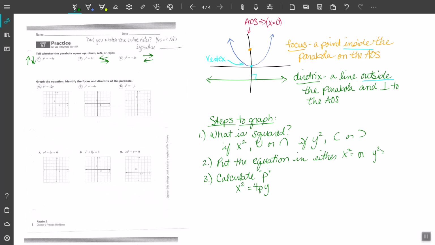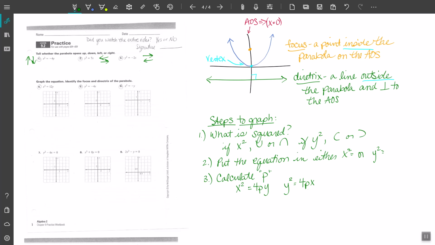So this is the p that I'm mentioning that we need to be able to calculate. If our y is the variable that's squared, then the standard form will look like this: y squared equals 4px. It's just another way that we can write these equations.